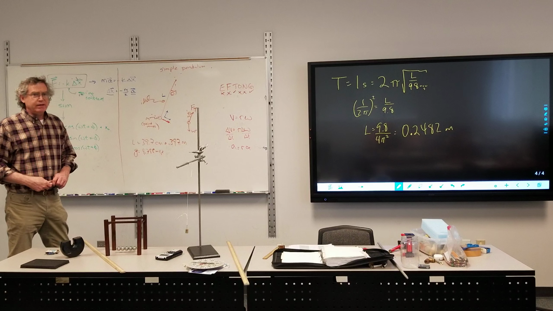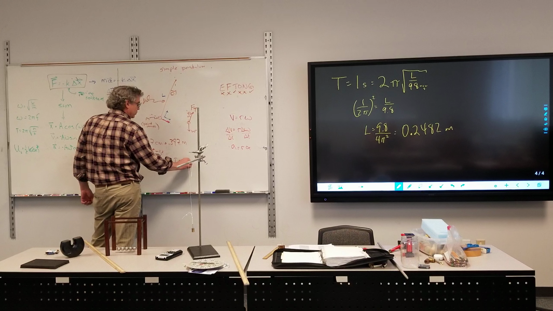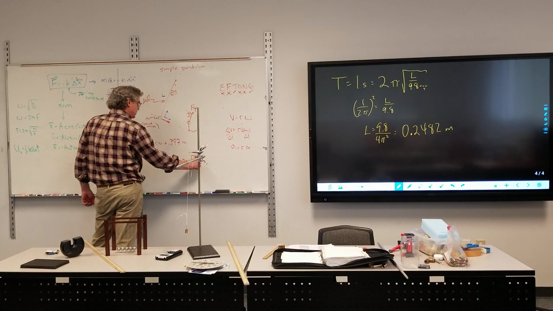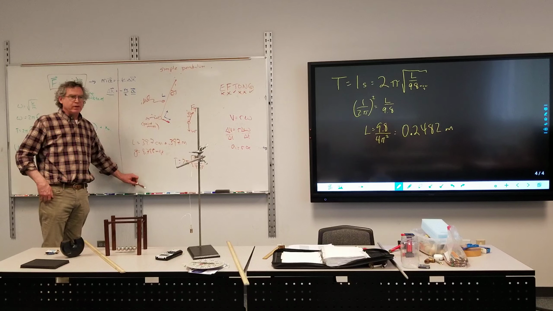So we can now plug in and calculate the period for this specific example. 2 pi times the square root of 0.397 divided by 9.798. What do we get for the period?